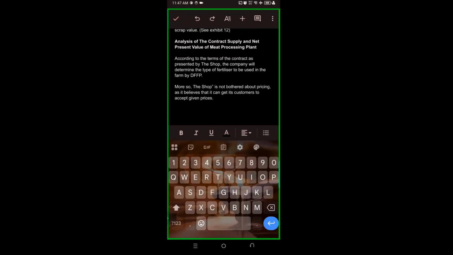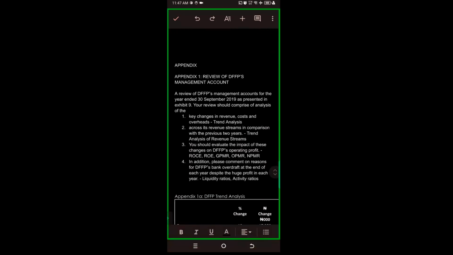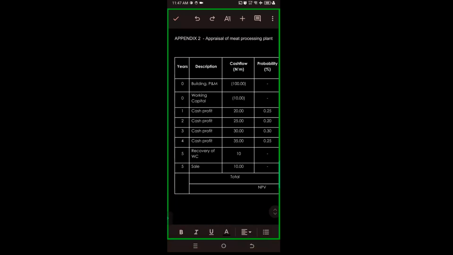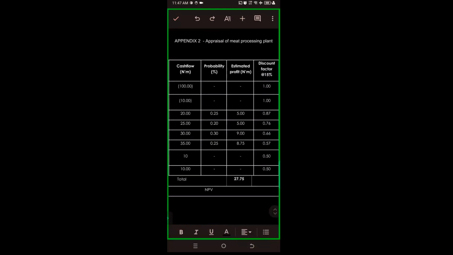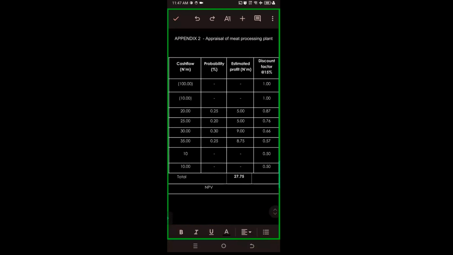Now then I can make points from the computation for the meat processing plant. We got total estimated profit as 27.75 million.